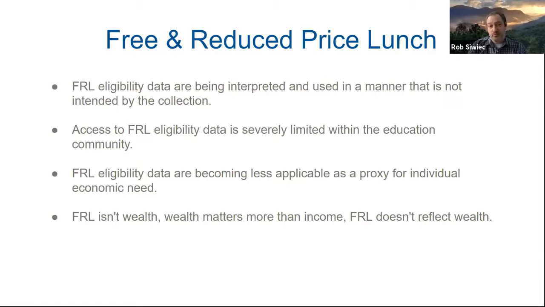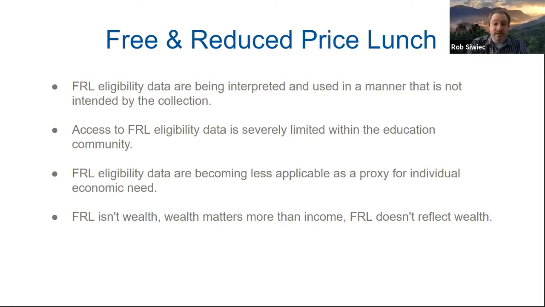Number two, all it measures is the family's income, and that's self-reported to begin with. So you don't get all the information that you might want income-wise from all the students, because they don't have to give that information if they don't want to. And it doesn't measure wealth, like I had mentioned earlier.